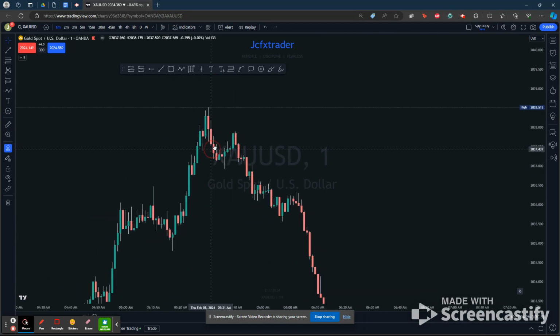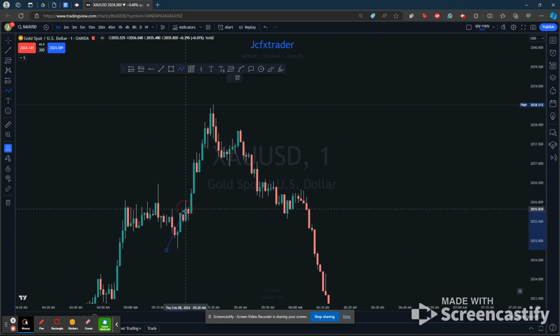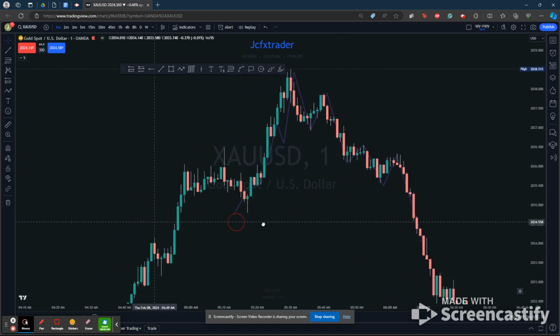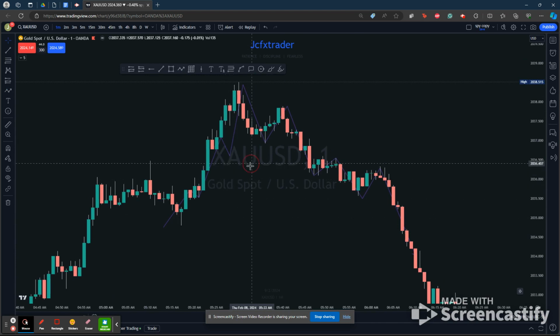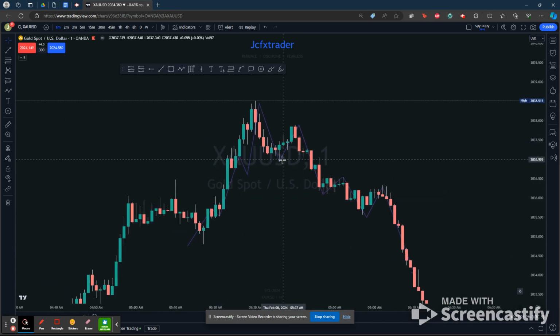As you can see here, we are in an uptrend, right? Uptrend, uptrend, uptrend, and then we're in a downtrend, right? Now you may ask yourself, okay, when do we know that this uptrend becomes this downtrend?